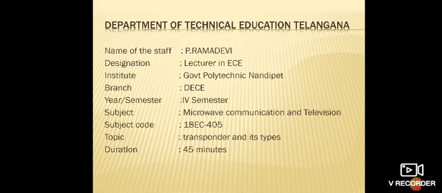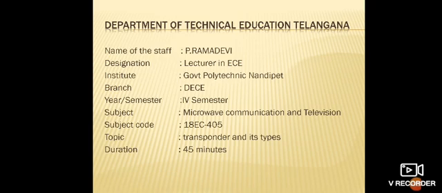So what is the main function of the transponders in the satellite? It receives the uplink frequency from the transmitting earth station, amplifies the received signal, and translates it into the downlink frequency. Why?